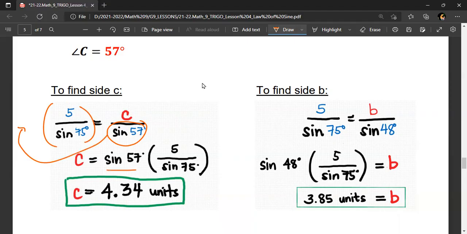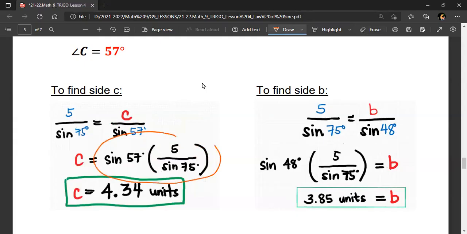Kaya meron tayong sine 57 degrees multiplied by the given relationship of sine A. So when you input this in your calculator, you will come up with 4.34. I included the word units because we don't have any unit of measurement, but it is fine if we use or do not use the word units.